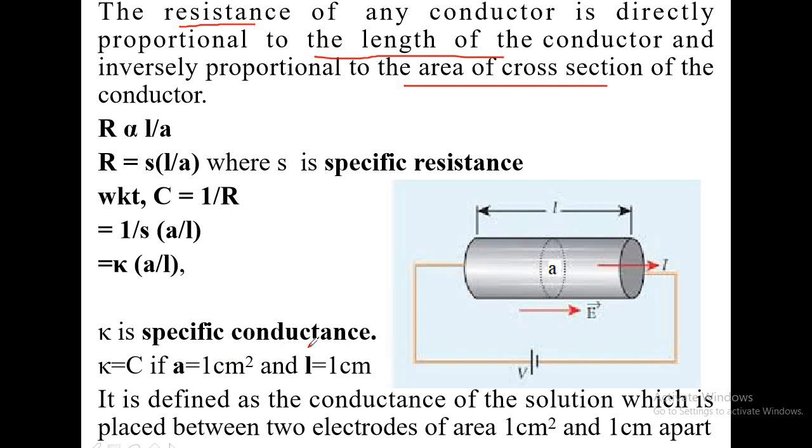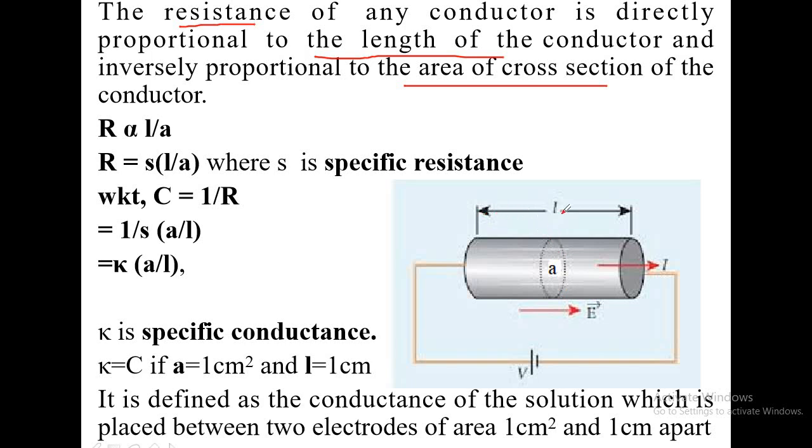Suppose A equal to 1 centimeter square and L equal to 1 centimeter. In that case, C becomes equal to K. So in the diagram also, this is the conducting material of length L and area of cross section A. The resistance offered by this conductor to the flow of current is directly proportional to the length and inversely proportional to the area.